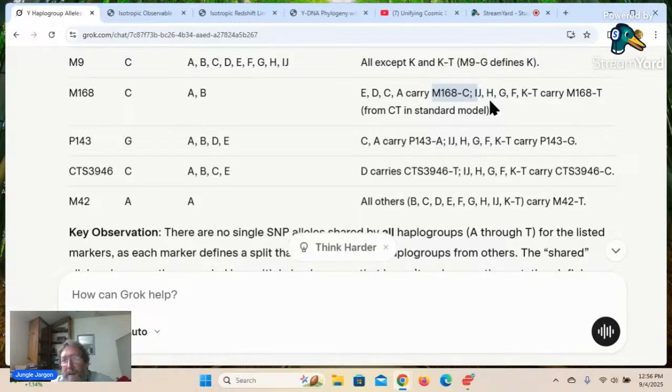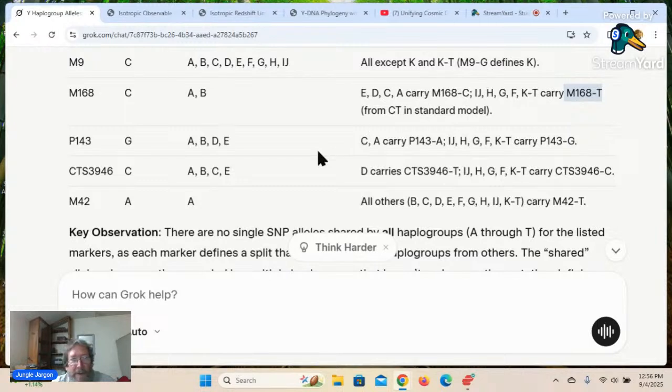IJ, H, G, F, K, T carry the M168 T original. What does B carry? B might have something else.